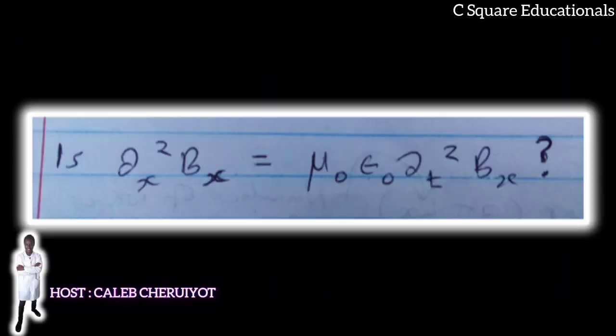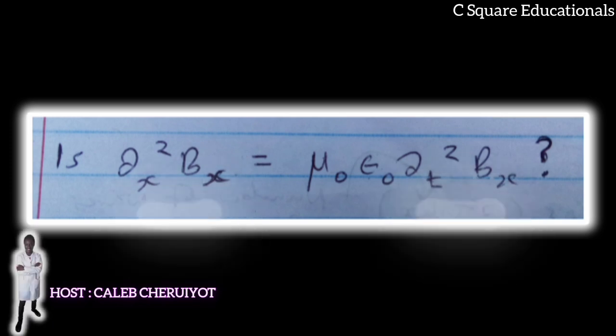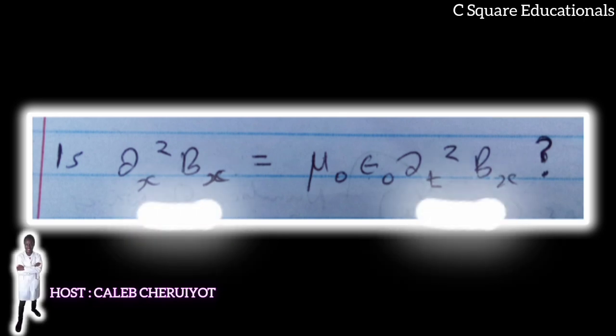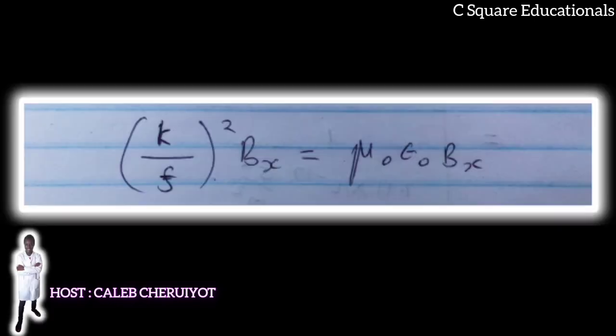Is partial x squared Bx as shown? Now replacing partial x squared Bx and partial t squared Bx with expressions as shown, but the left must match the right. So cancelling terms, we get as shown.